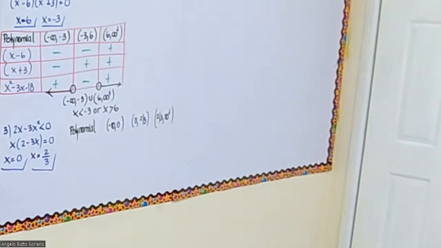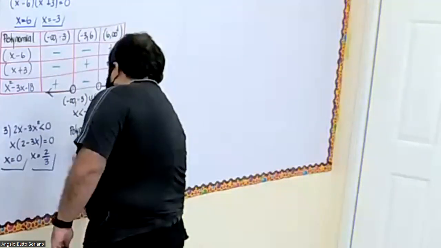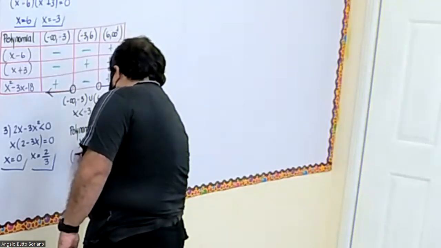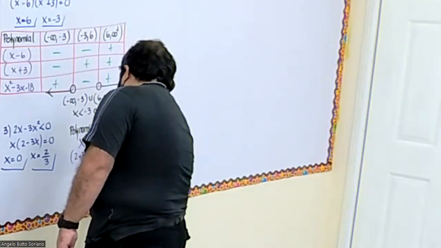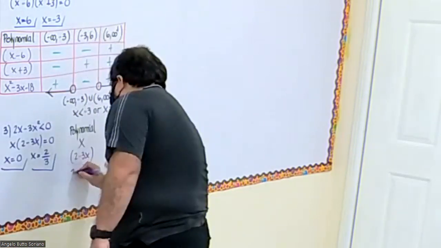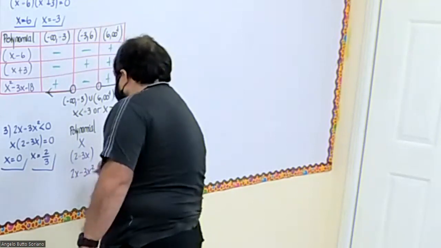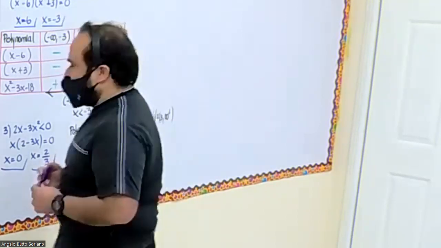Esto es la ventaja de la tabla de signos, que todo es lo mismo. Primero, x. Second one, 2 minus 3x. And the third one, the product between them, 2x minus 3x squared.